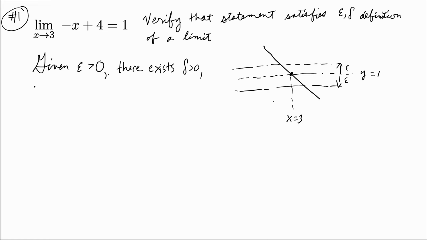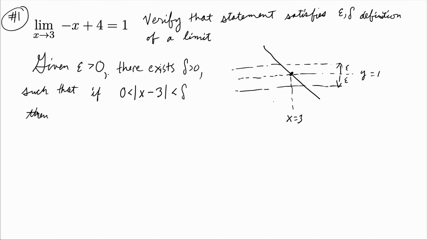There exists delta such that if the distance from x to 3 is non-zero, so basically x is not 3, yet the distance between x and 3 is less than delta, what would happen?